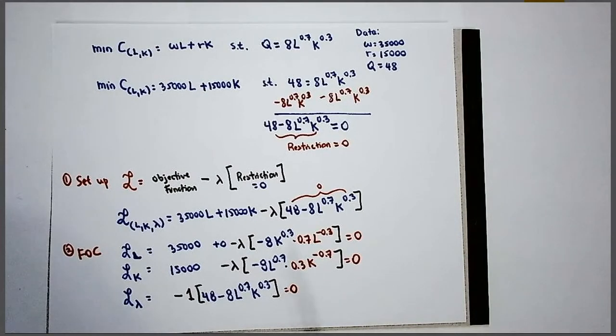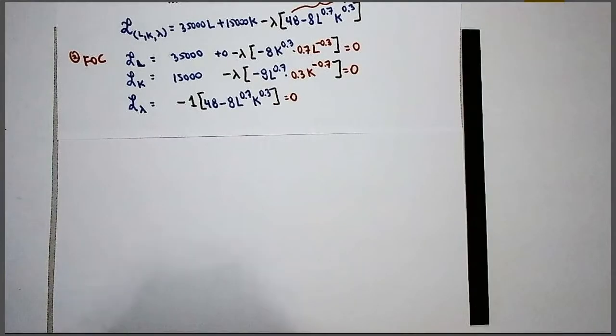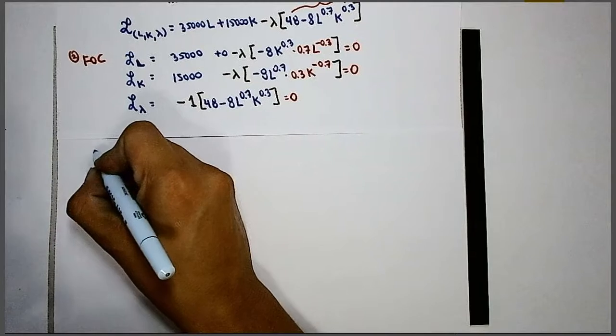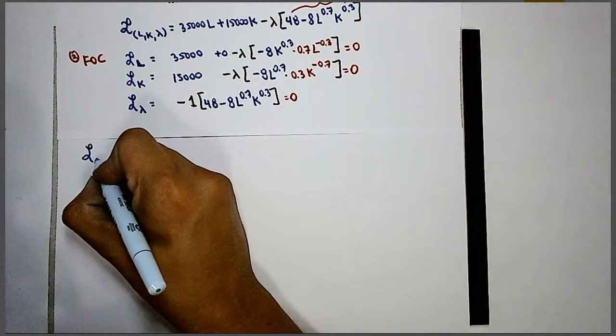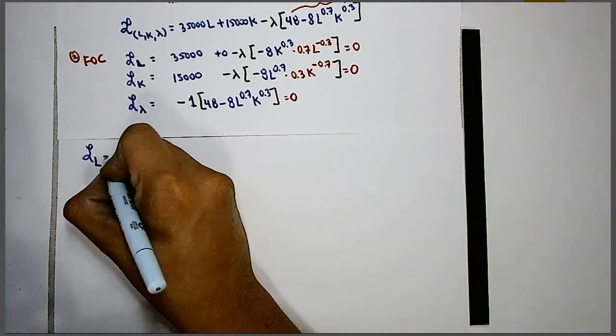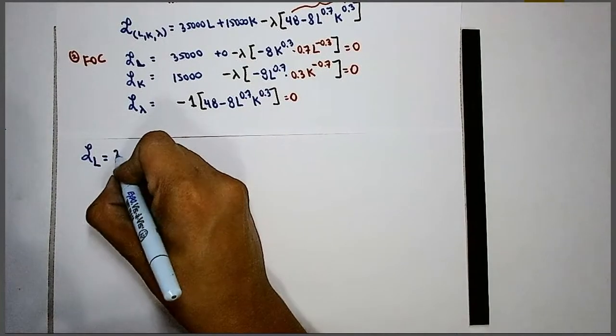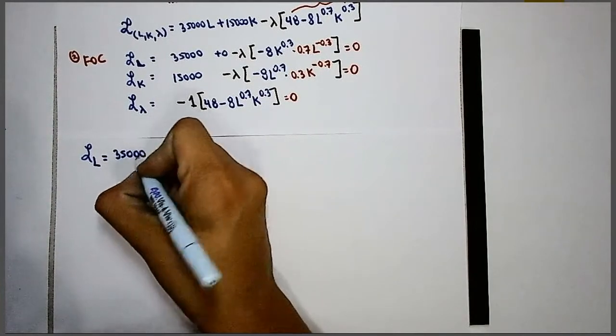So let's move all of these three equations to the next page. Let's simplify a little bit. The partial Lagrange with respect to labor was 35,000.